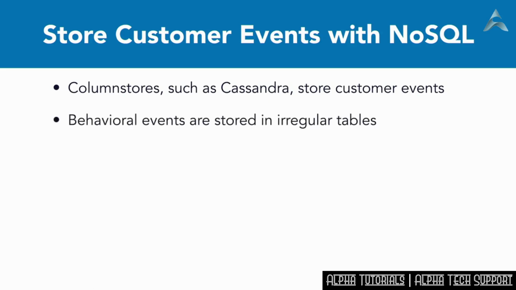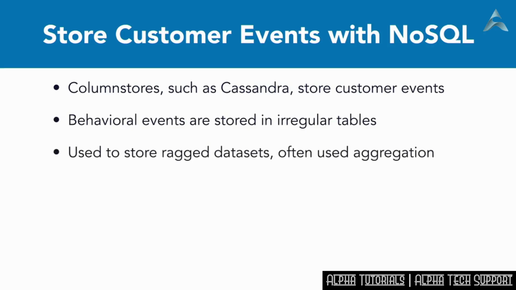So these behavioral events are stored in what are called irregular or jagged or sparse tabular structures. Sometimes they're called matrices because they're multidimensional. And they're used to store ragged data sets. They can be used for just retrieving individual events or for retrieving aggregates. It depends on the type of NoSQL store that you select here.